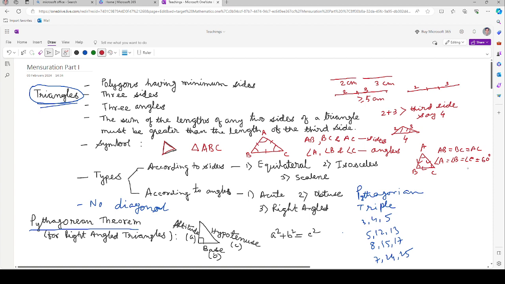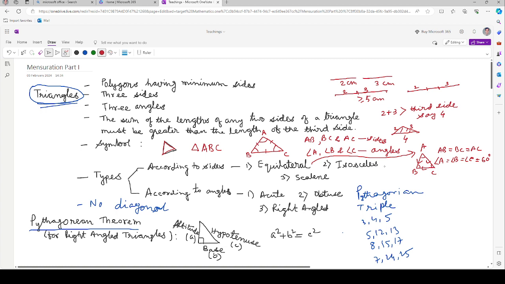It is to be remembered. In some cases, this property will help to solve problems on equilateral triangles. So this is the equilateral triangle where three sides are equal and three angles are equal and each angle is 60 degrees.